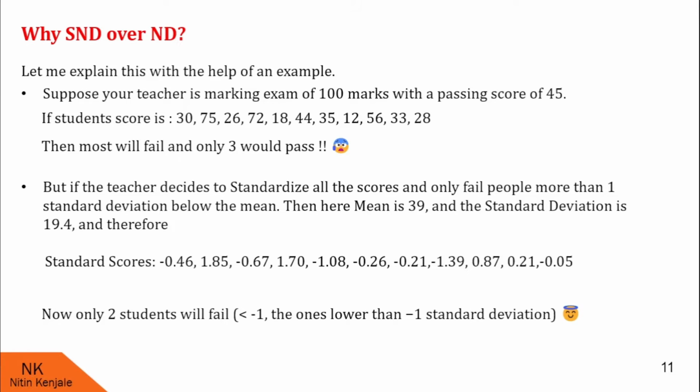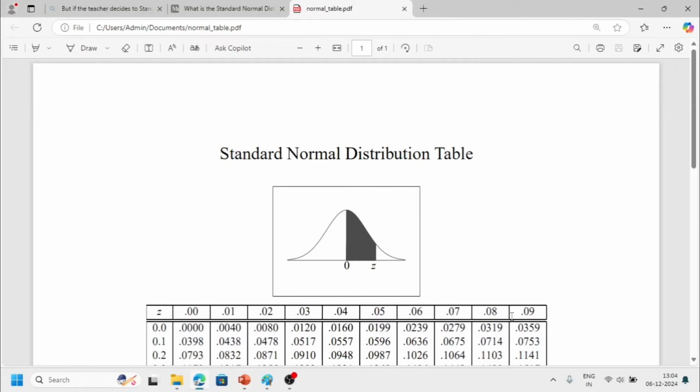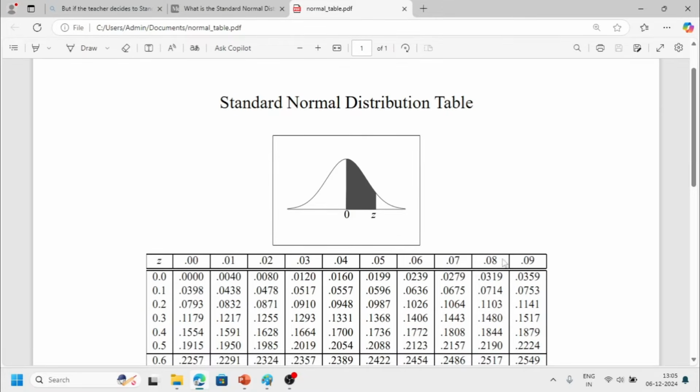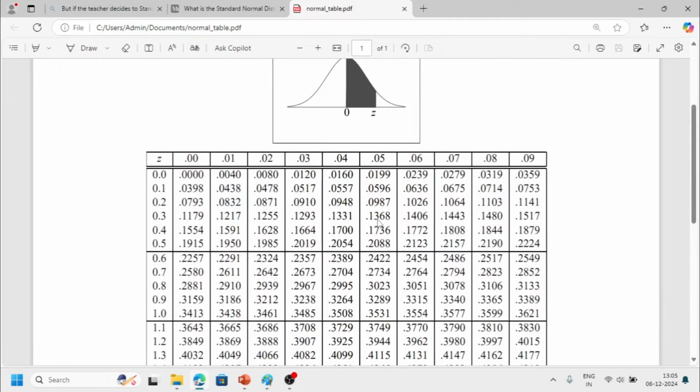Now let me introduce to you the table called the standard normal distribution table. This table gives us the area from z equal to 0 to z equal to any point. For example, the area from z equal to 0 to z equal to say 1.23 can be calculated as follows. Look for z equal to 1.23 in this table. Look, z equal to 1.2 in this first column.